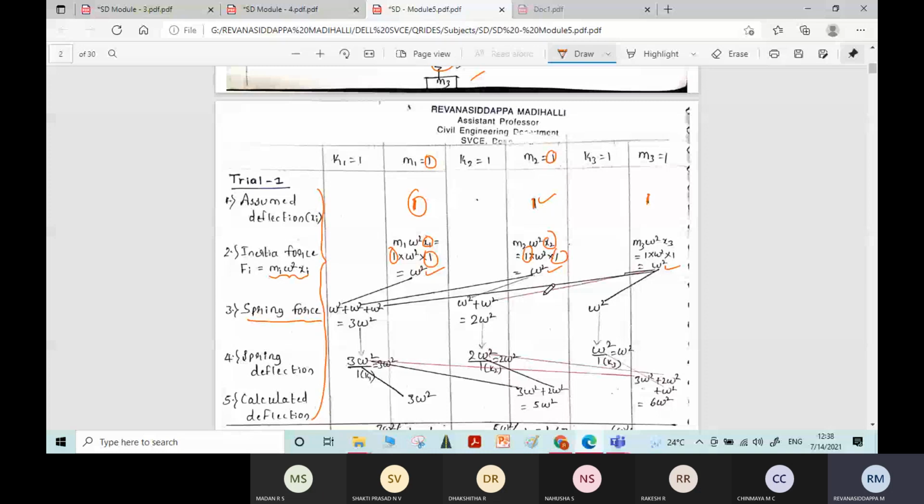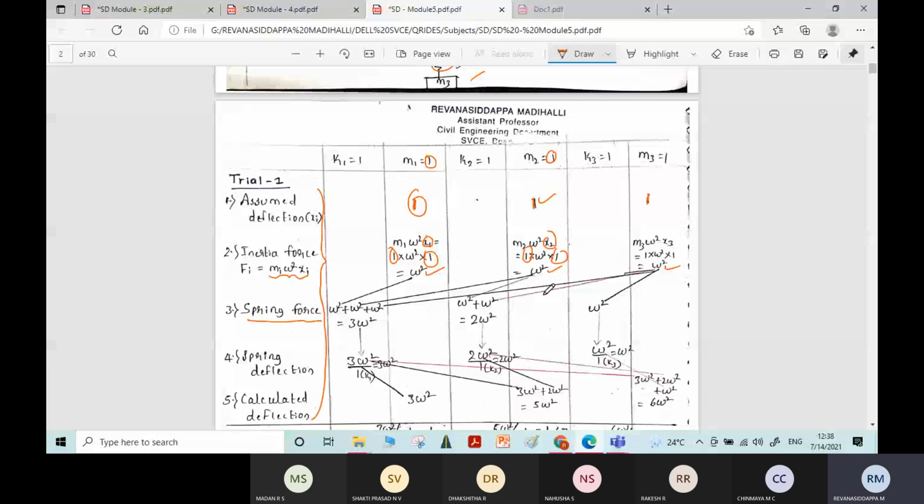Then using this spring force, you can calculate the spring deflection. Spring deflection is given by spring force divided by the corresponding stiffness K. For spring 1, 3 omega square divided by K; similarly for spring 2, 2 omega square divided by K. K is given as 1, so omega square is divided by the corresponding stiffness 1.